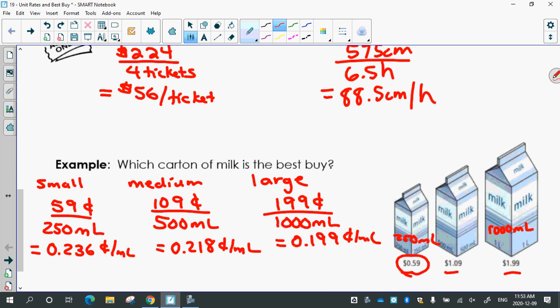And we want to know the best buy, so we're looking for the smallest cost per milliliter. So 0.199 is the smallest out of the three. Okay? Which means that the largest container is the best buy. So therefore, the 1 liter container is the best buy.